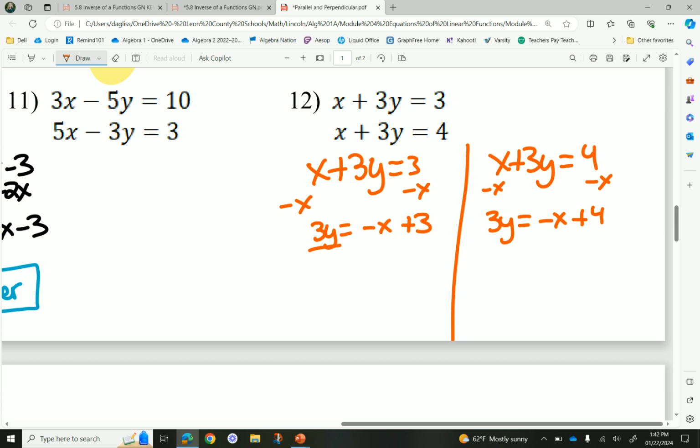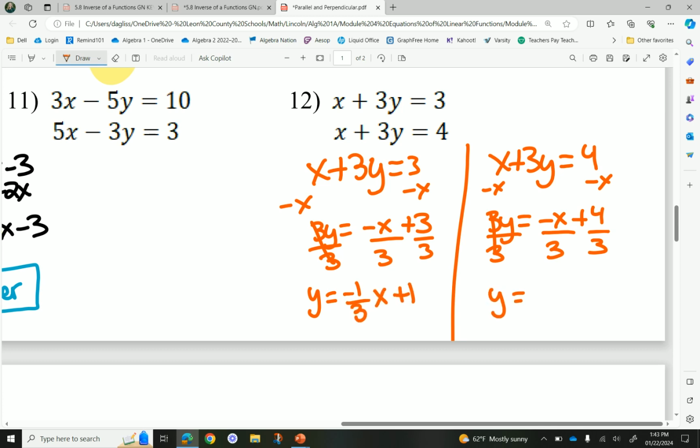Both of them, we're going to divide the whole thing by 3. I have y equals negative 1/3 x plus 1. Over here, I have y equals negative 1/3 x plus 4/3.